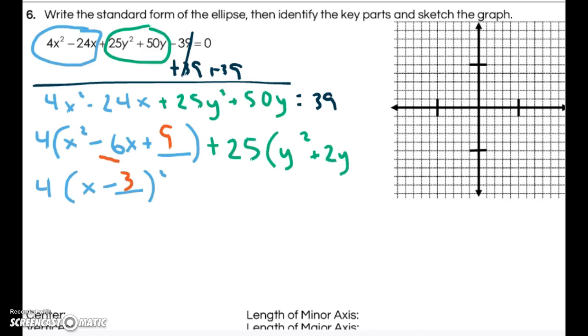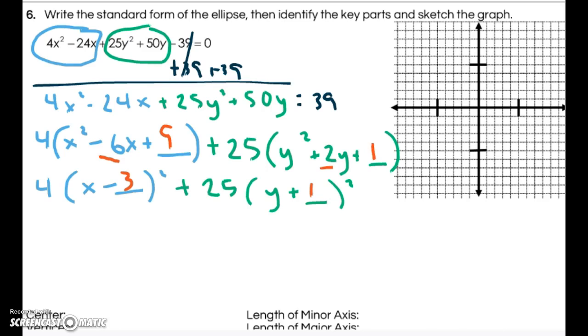So again, I'm going to be looking for a term that helps me complete the square so that I can write this as 25 times (y plus something) squared. Well, take the 2 and divide it in half. That gives me 1. 1 squared is 1. And that's how I complete the square.